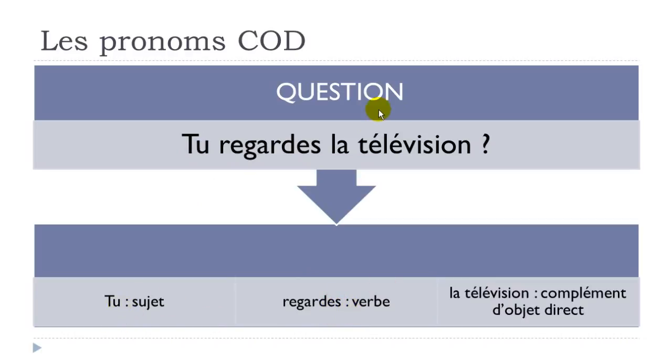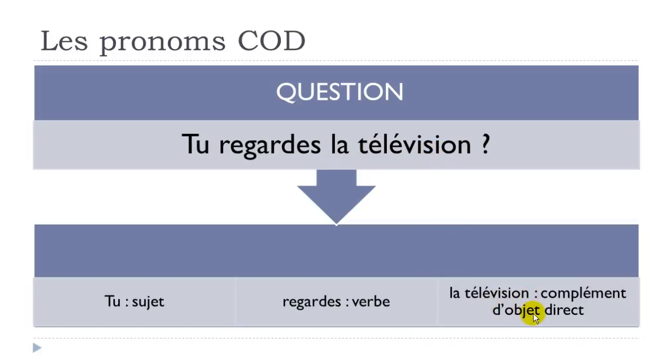And the third part here, so the last part, la télévision. So la télévision, that's what we will call complément, okay, because it's a complement, it will complete the sentence here by giving some information.